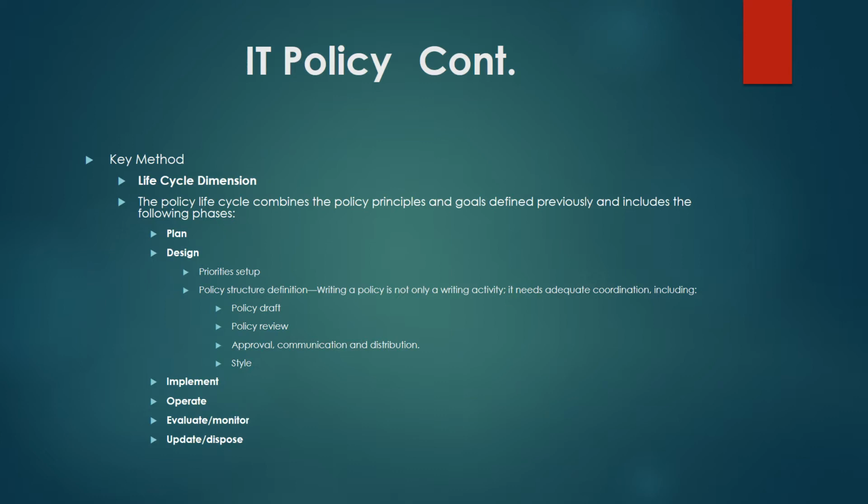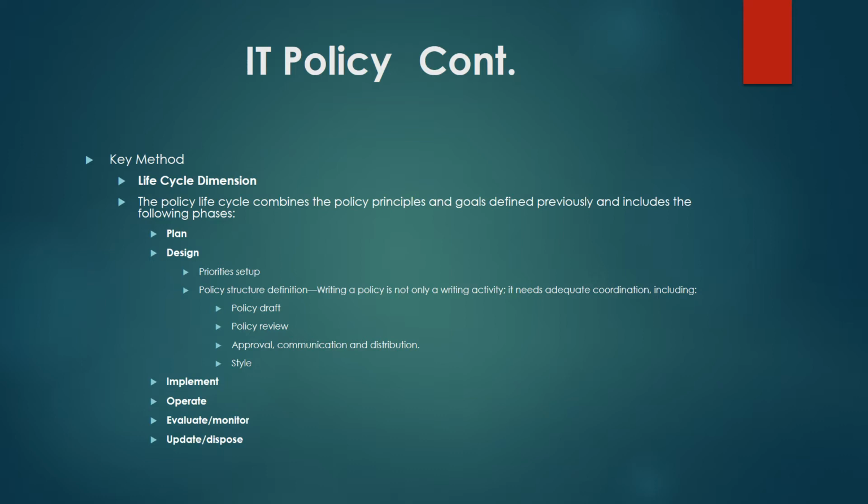Plan. This phase establishes the foundation for a policy framework by covering the stakeholders and goals dimensions defined previously. Usually, organizations already have some policies in place. Therefore, identifying gaps between the governance principles and current valid policies helps to redesign and improve the policy framework in use.